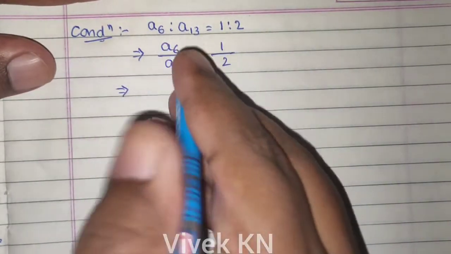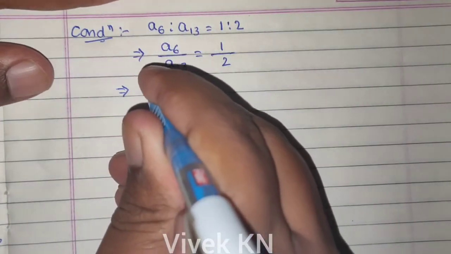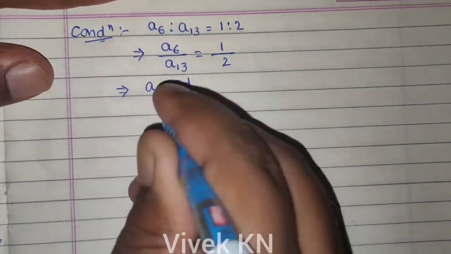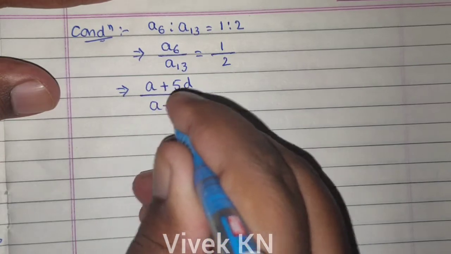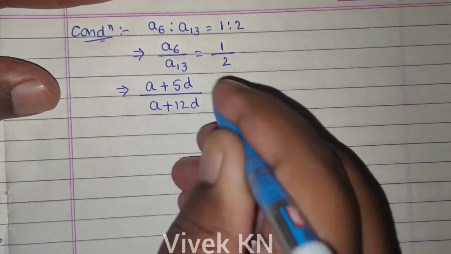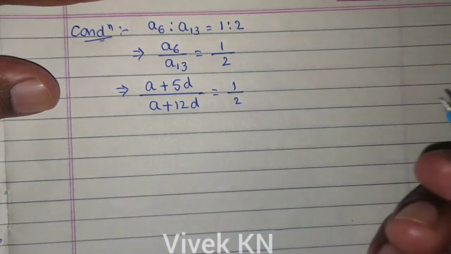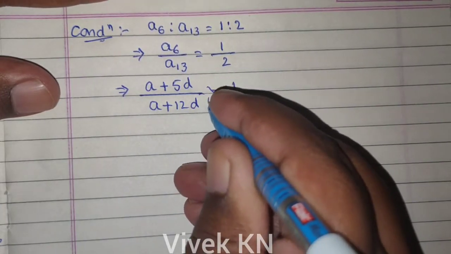Now let us substitute the value of a6. That is, a6 is nothing but a plus 5d, and a13 is nothing but a plus 12 into d, equal to 1 by 2. Here we have to do cross multiplication.